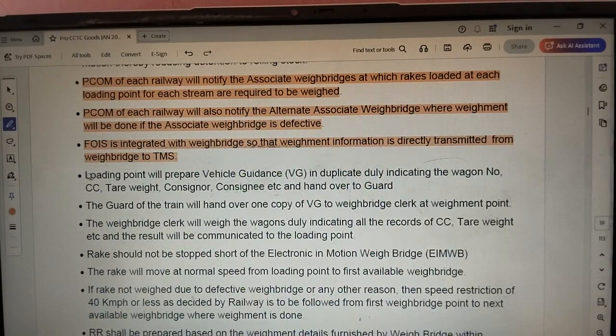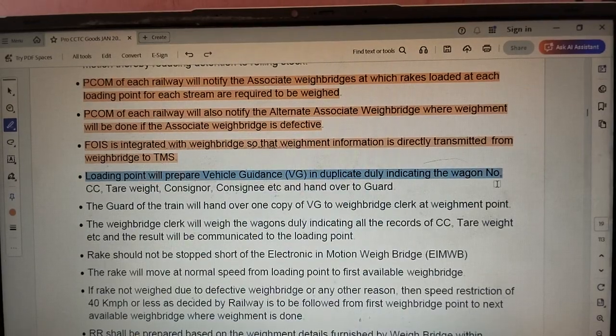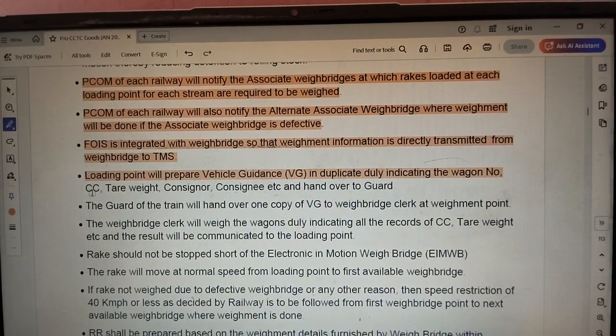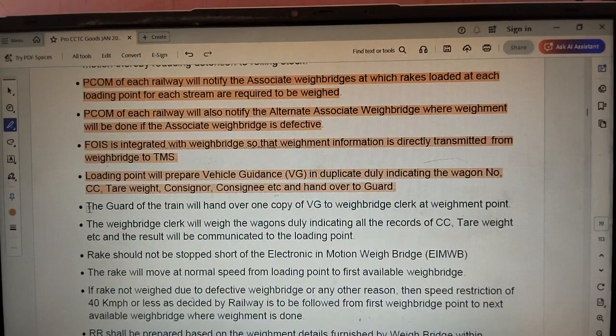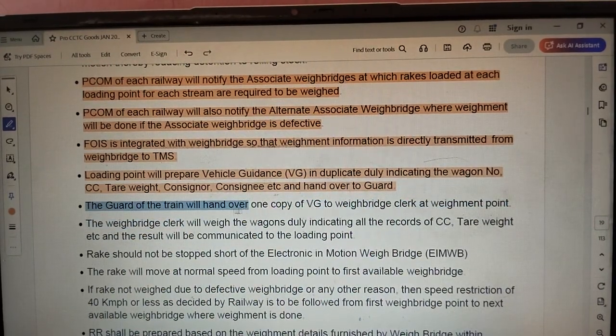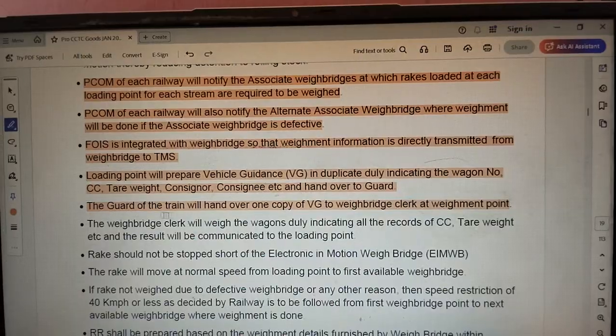The loading point will prepare a vehicle guideline in duplicate, indicating the wagon number, CC, tare weight, consignor, consignees, etc., handing it over to the guard. The guard of the train will hand over one copy to the weighment clerk at the shipment point.